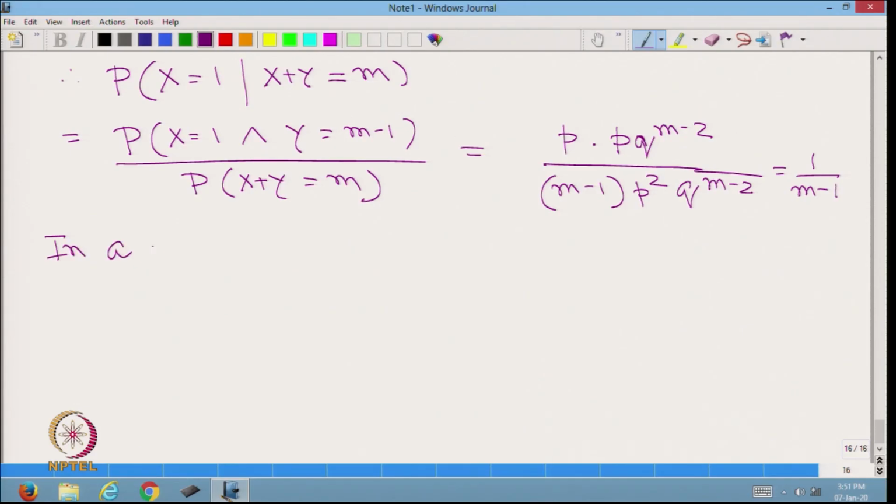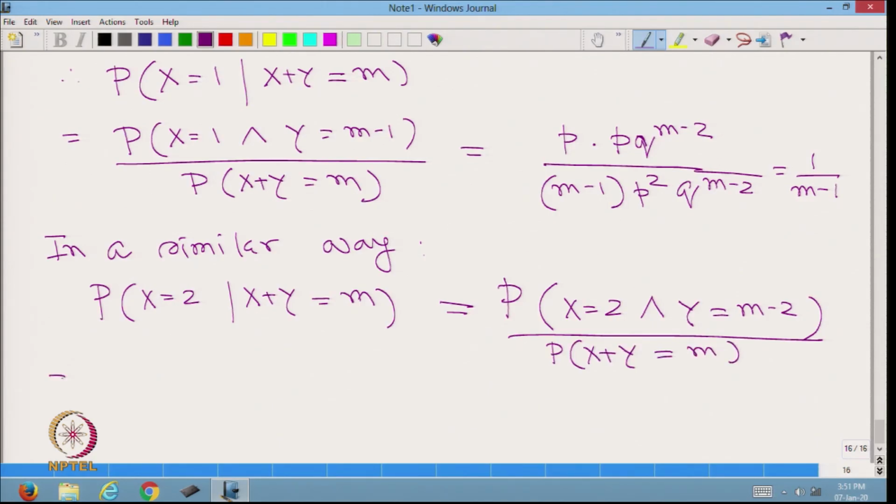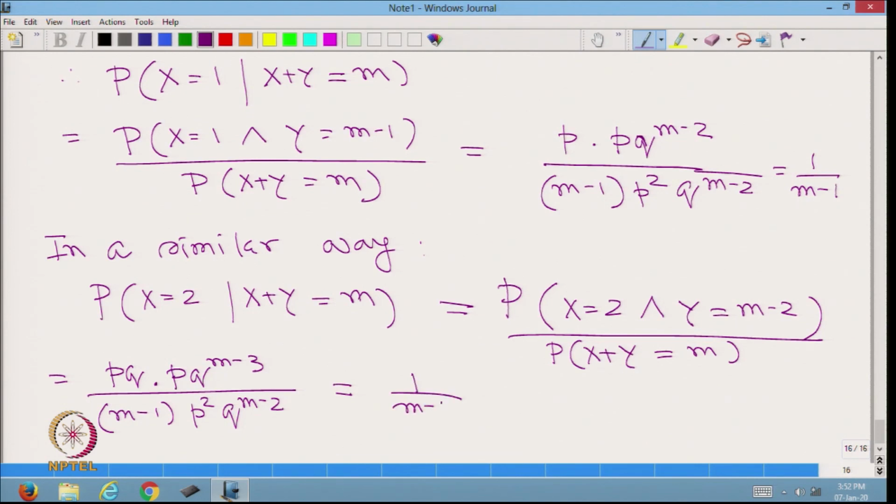In a similar way, probability x is equal to 2 given x plus y is equal to m is same as probability x is equal to 2 and y is equal to m minus 2 upon probability x plus y is equal to m, which is p q multiplied by p q to the power m minus 3 upon m minus 1 into p square into q to the power m minus 2, is equal to 1 upon m minus 1.